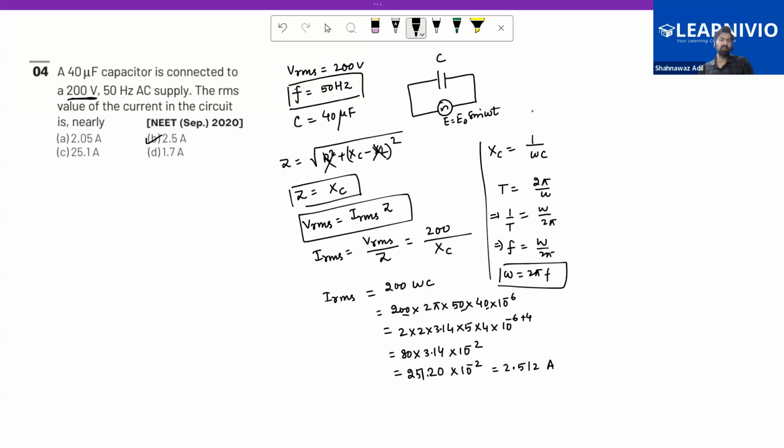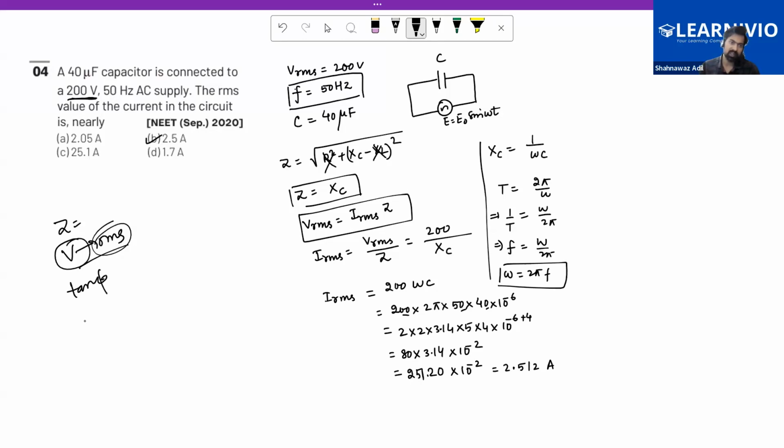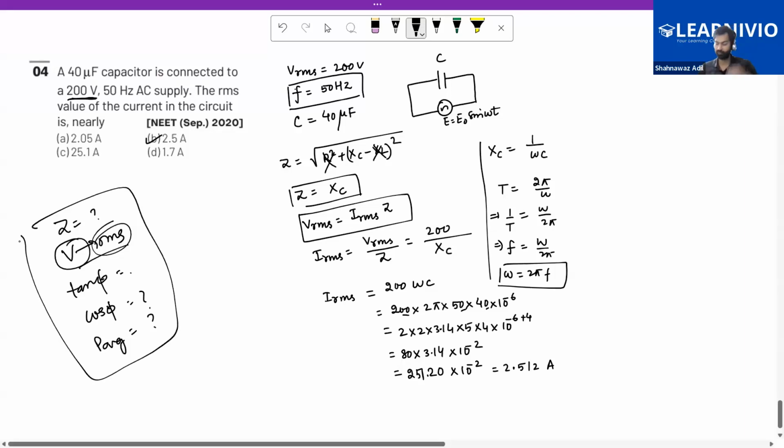The only thing that you guys have to remember is what is the impedance, what is the voltage, and always remember that this is RMS that is given, and then what is the phase angle, and what is the power factor, and then what is the average power. So if you remember all these things, then you can do all these kind of questions, right? Okay, quickly note down this thing, and then we will do the next question.